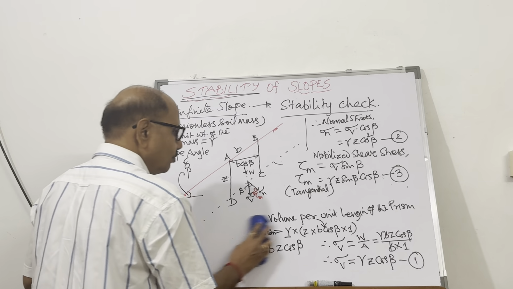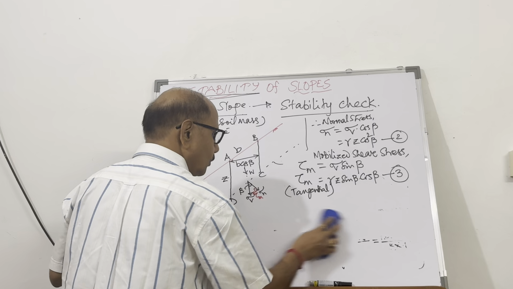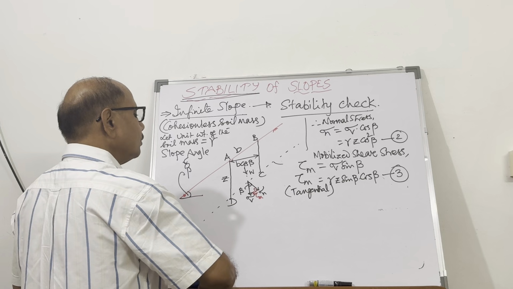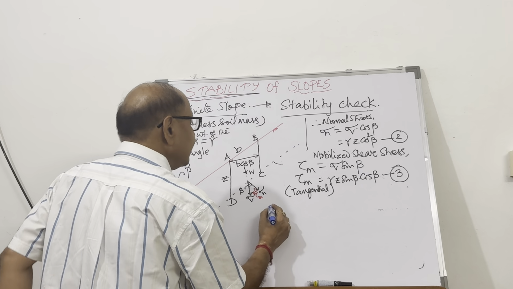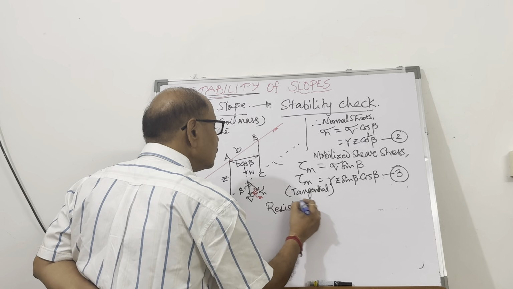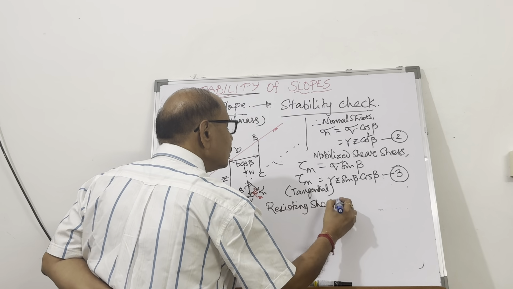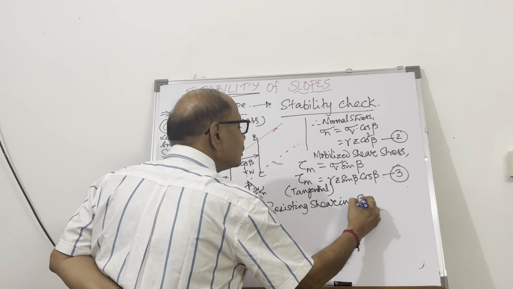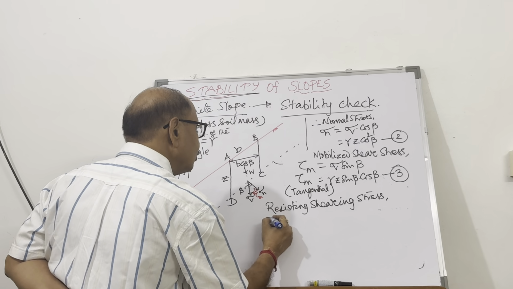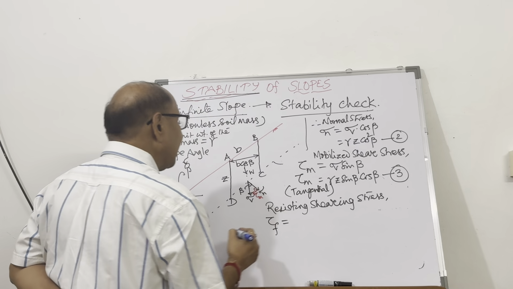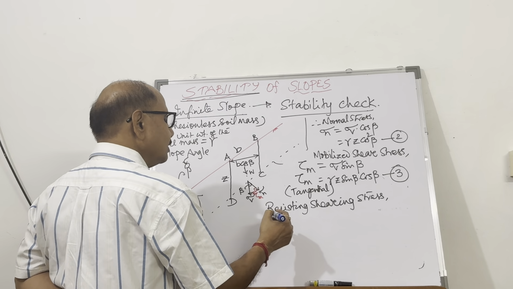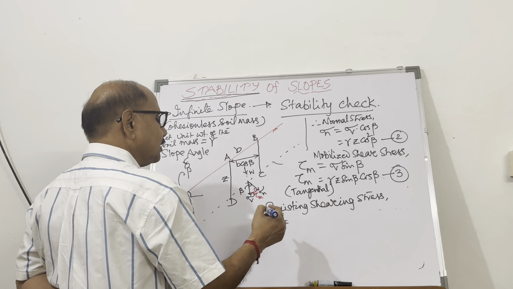So friends, we can very easily find out the resisting shearing stress, that is tau f, which is given by Mohr-Coulomb's theory, which is equal to C plus sigma n tan phi.